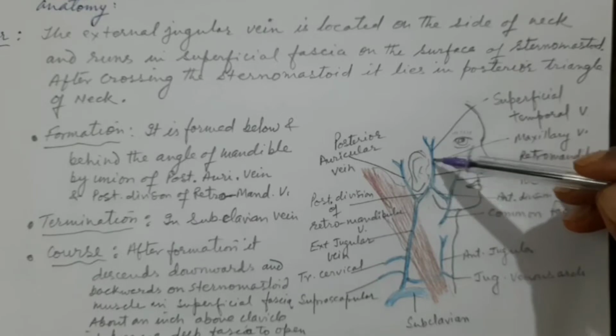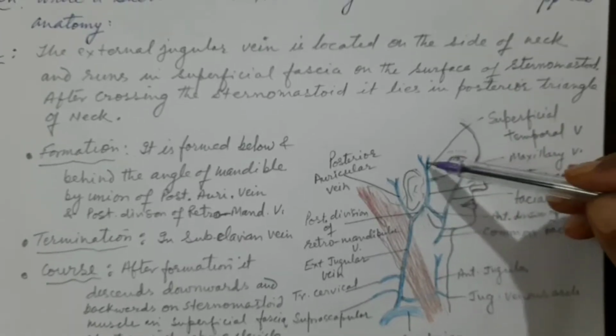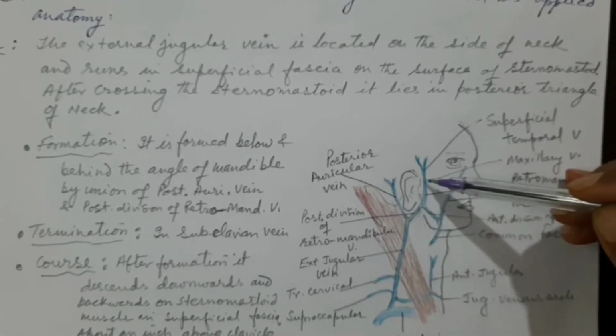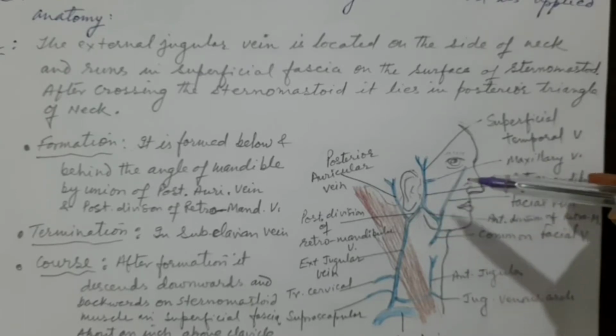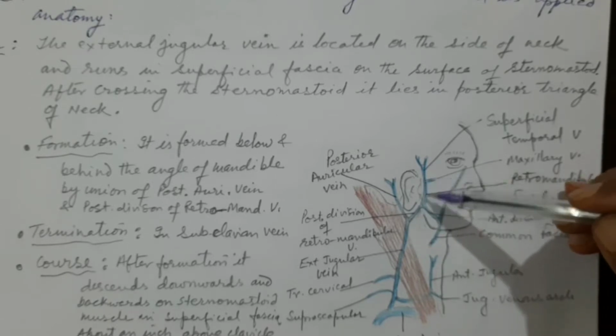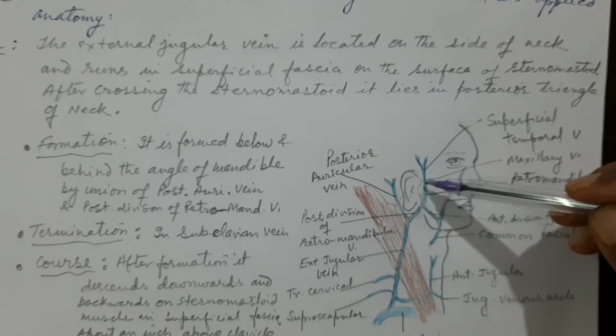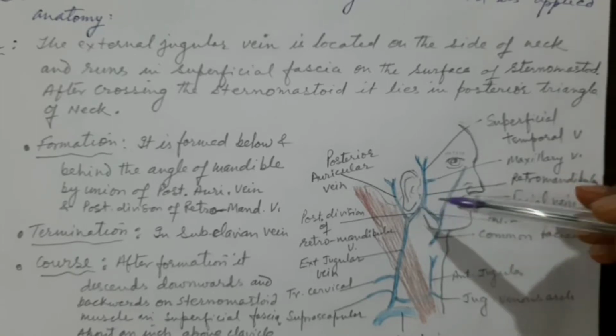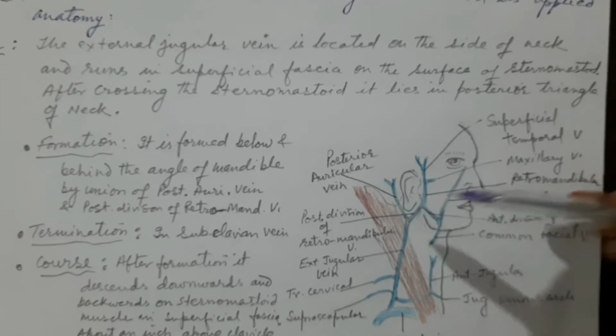But before that, you see this is the superficial temporal vein, which joins the maxillary vein and forms the retromandibular vein, which lies behind the ramus of the mandible, hence the name, in the substance of the parotid gland.